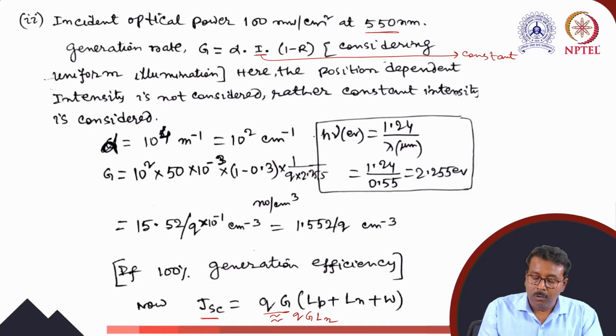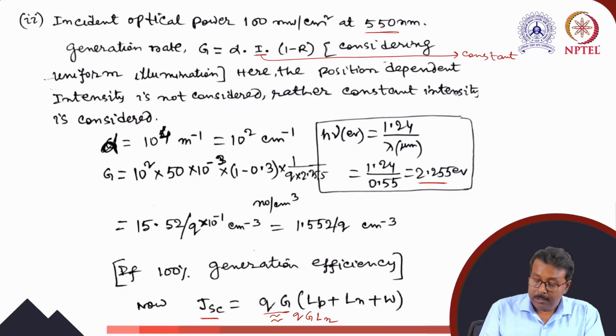Anyway, you need to know the h nu value, because in the formula, if you put the intensity value in milliwatt per centimeter square, you have to put h nu in electron volt, and you have to then multiply q by electron volt, because of the formula we have discussed earlier. So h nu in electron volt will be 1.24 by lambda in micron. It is becoming 2.255 electron volt. Alpha is also given.